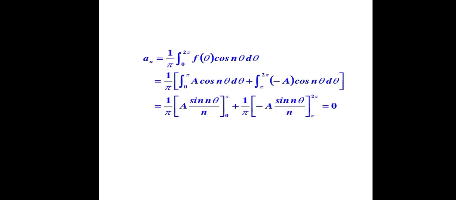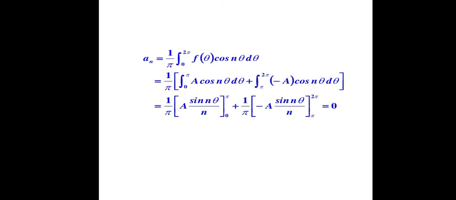Now next we find an: 1 upon pi times the integration from 0 to 2 pi of f of theta cos n theta d theta. Then take the integrations from 0 to pi and pi to 2 pi. The first condition is positive, the second is negative: a cos n theta d theta minus a cos n theta d theta.